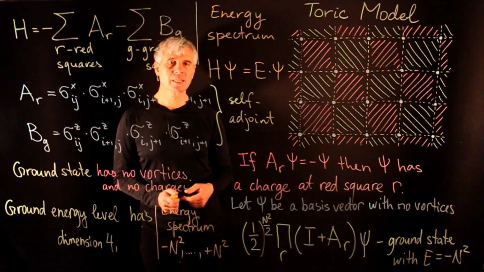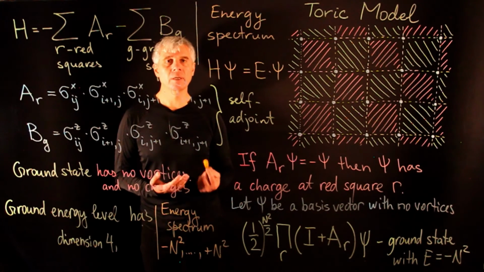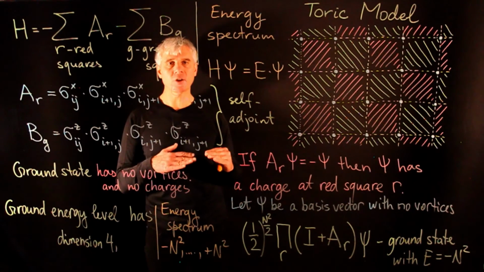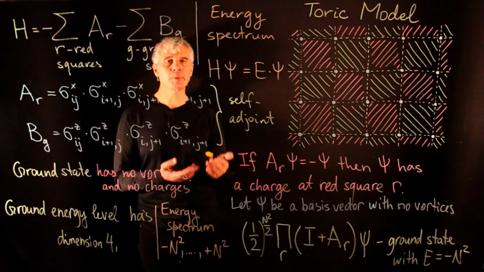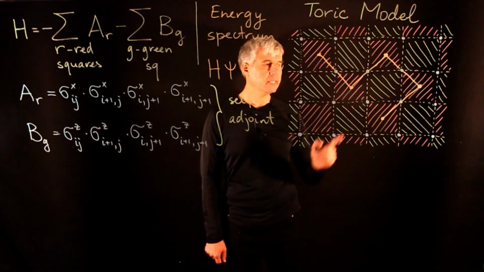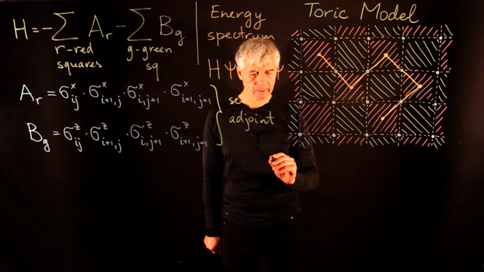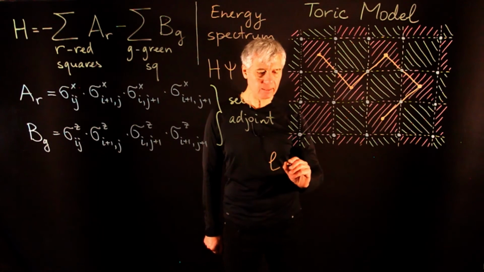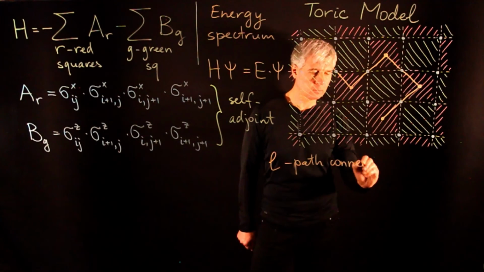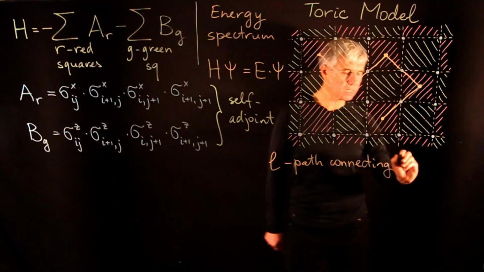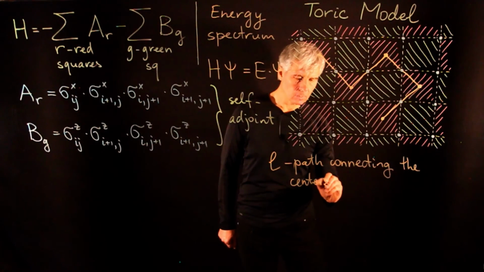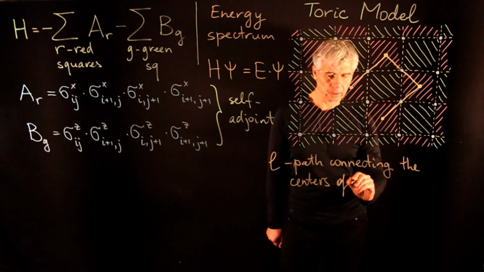Next, we're going to discuss excitations in this model. So that is how we can take a state at the ground energy level and then obtain from it another state of a slightly higher energy. Let us take our lattice and let us construct a path L connecting the centers of adjacent red squares.